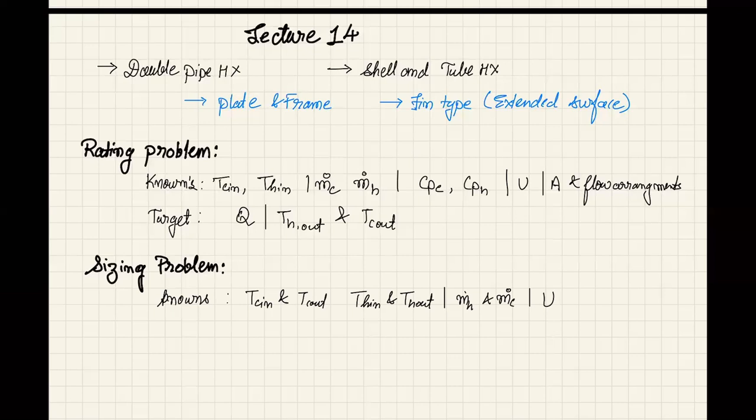So in case of a double pipe heat exchanger, the things are pretty much straightforward, but in the case of a shell and tube heat exchanger, you fix the flow arrangements and then you can get the value of U. And the main objective of this problem is to find out the heat transfer area.